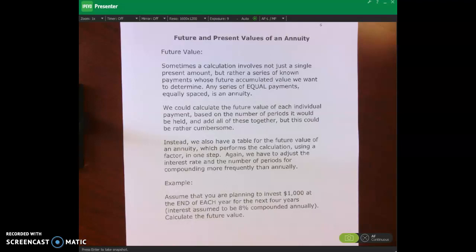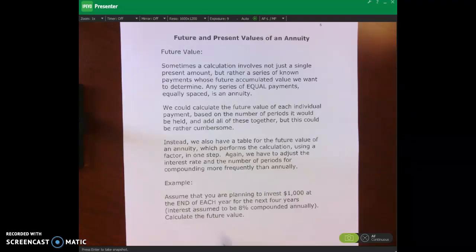The tables that we have, and I'll show you in a second, are future value annuity and present value of an annuity tables, just like we had future value single amount and present value single amount. We also have the same tables for annuities. These tables assume that the cash flows occur at the end of the year rather than at the beginning of the year. If they had occurred at the beginning of the year, you would have an extra period of compounding. We're not assuming that. We're saying at the end of each year.